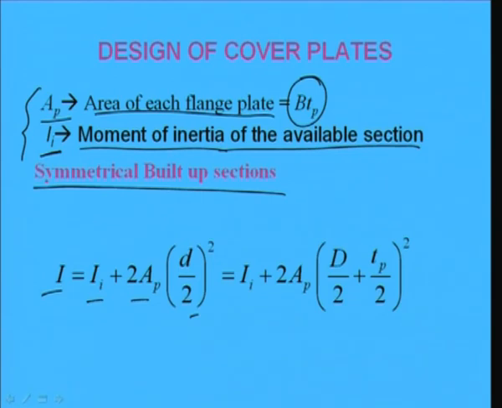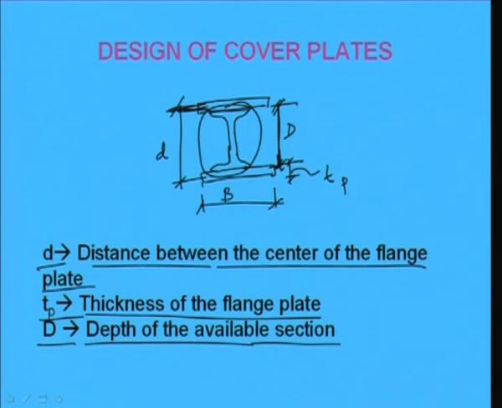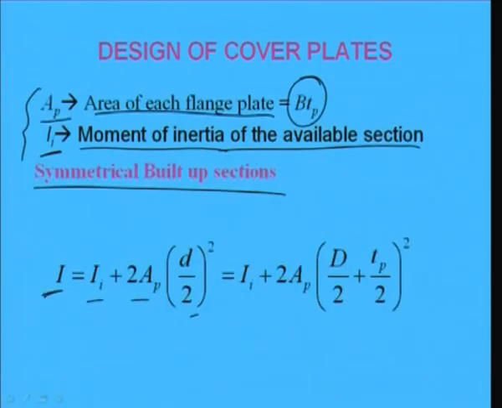We are assuming a symmetrical built up section, that means the top plate and bottom plate are the same, area is the same, thickness is the same, everything is the same. So, with these assumptions the moment of inertia of the whole section becomes the I of the I section plus 2 AP times d by 2 whole square.